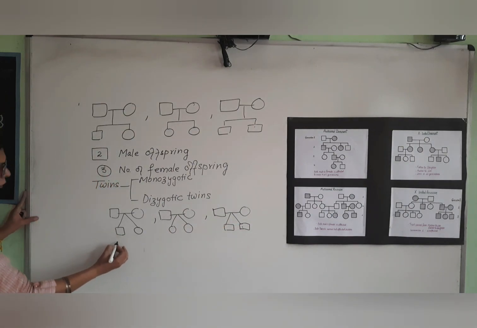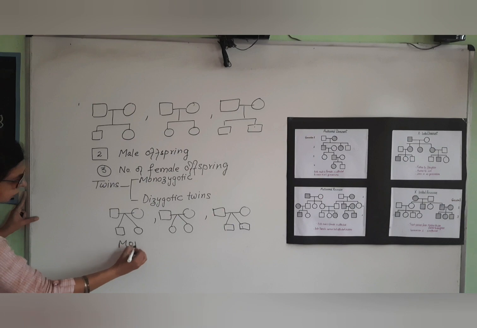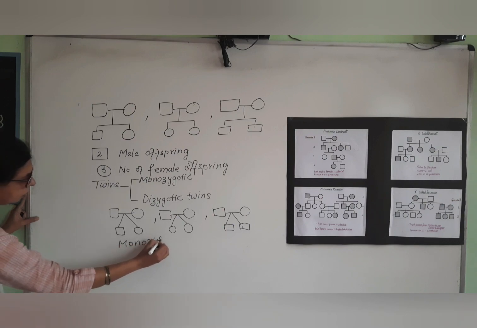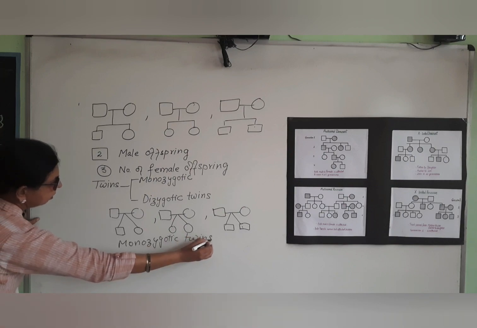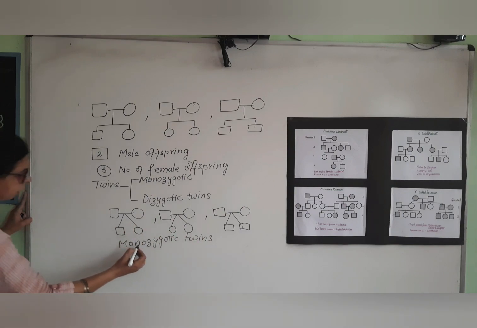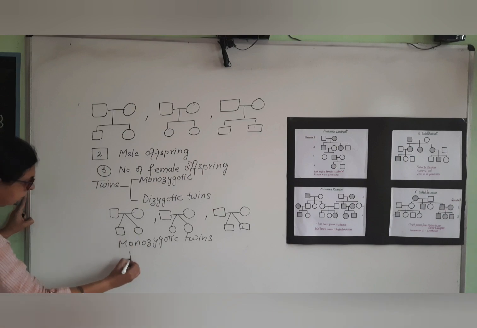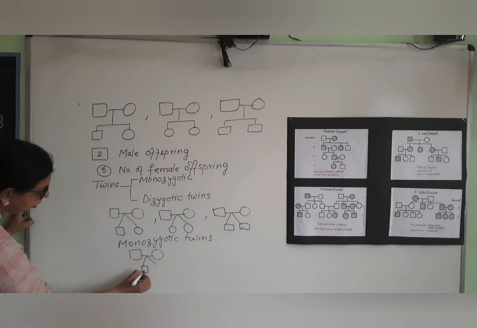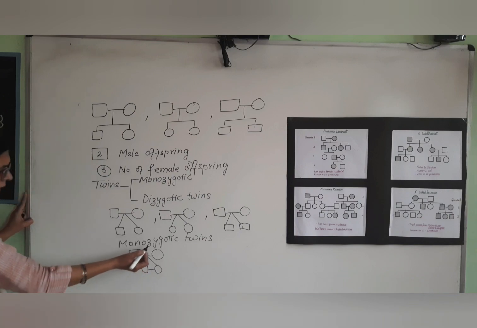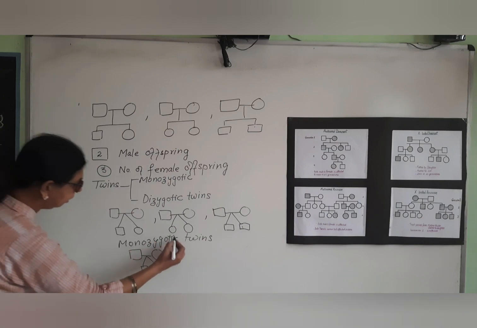In case of monozygotic twins, the offspring are interconnected. Like in the first case, we will represent monozygotic twins like this. Both the offspring are interconnected, resulting in the formation of a triangle.